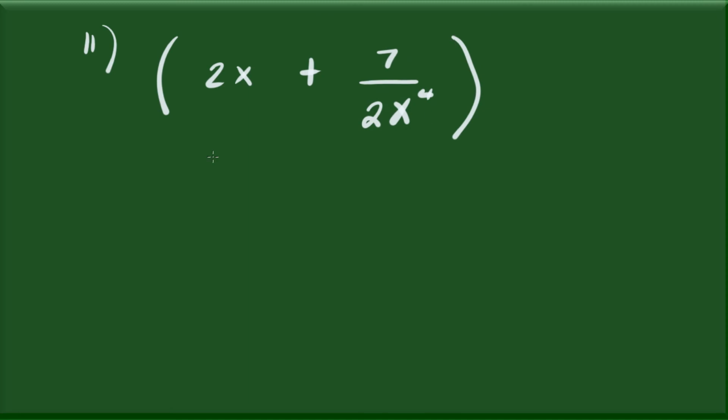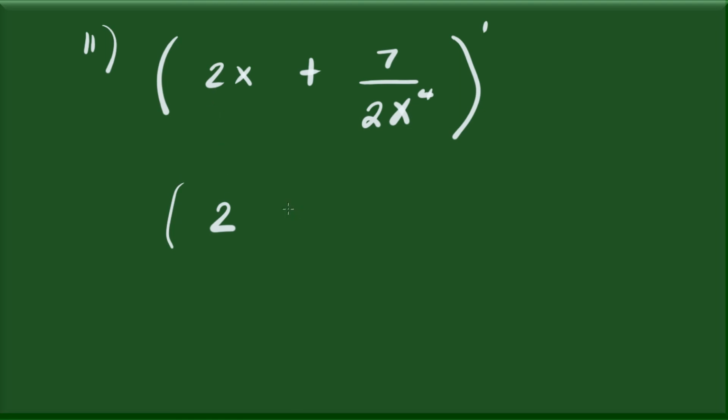Number 11. Let's say you have 7 over 2x to the 4th, prime. So what is the derivative?